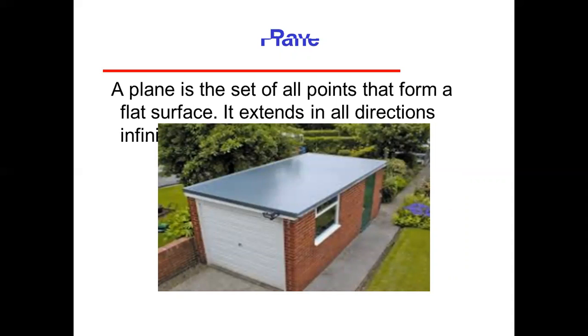So a plane is the set of all points. Now we are considering this diagram. It is nothing but a plane. A plane has a number of views: front views, side views, elevation, etc. The plane is the set of all points on a flat surface that extend in all directions.